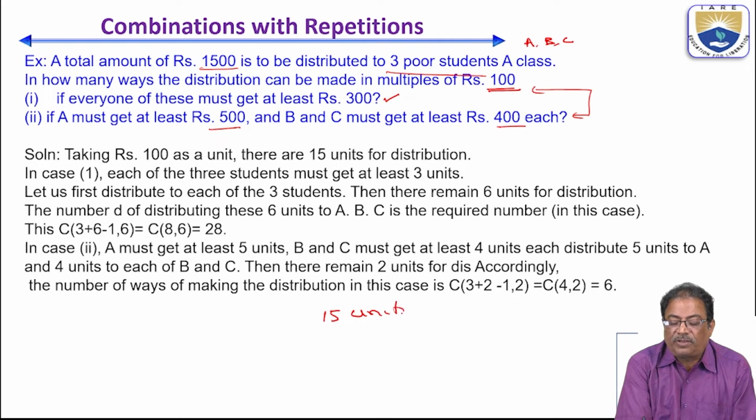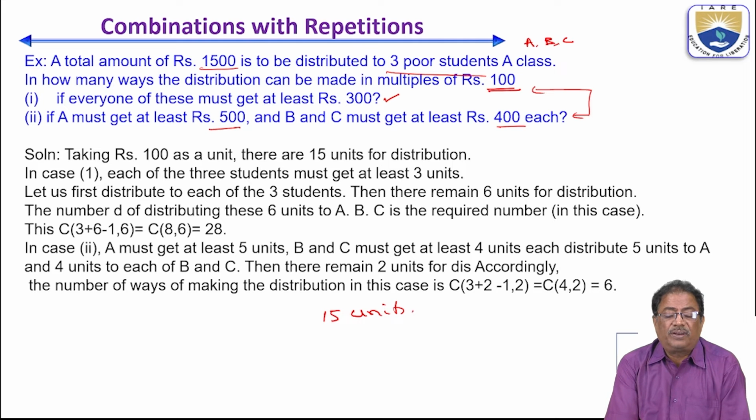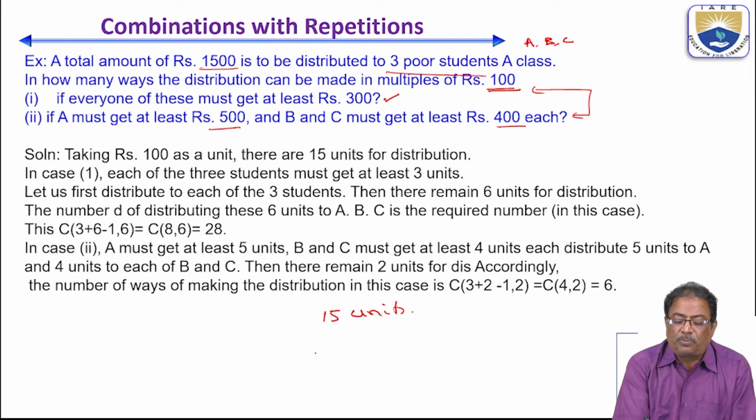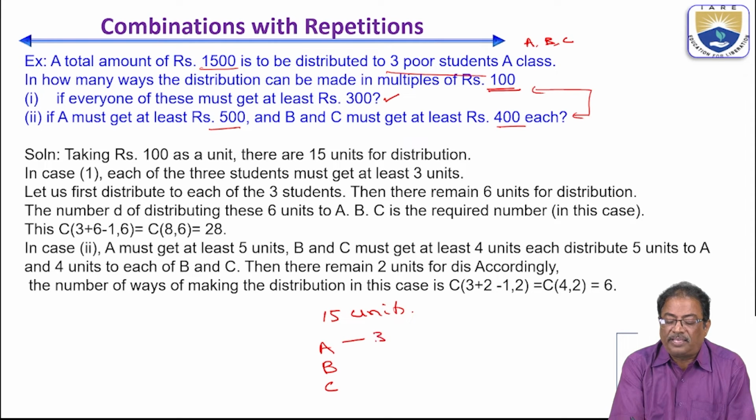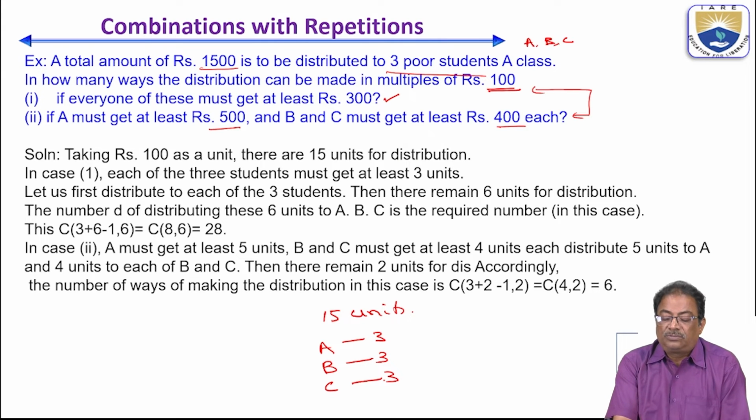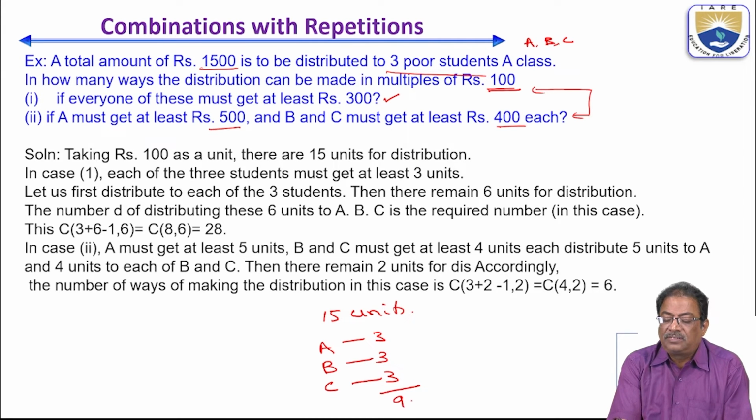15 units we have. So here the first one is, if every one of these, the poor students A, B, C, everybody has to get 300 each. So 3 units each, total 9 units. So the remaining units are 15 minus 9, which is 6 units.